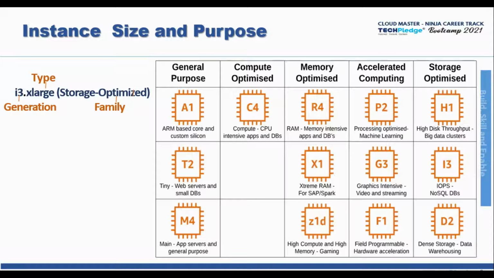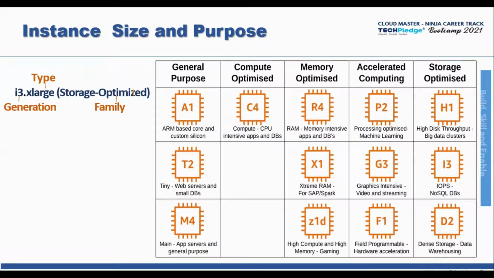There are different types: H1 is for high disk throughput and big data clusters, I3 is for IOPS and NoSQL databases, and D2 is dense storage, for data warehousing. I3 has the largest SSD offerings with bare metal access, and D2 is an SSD based instance that is great for logging. For D2, an example is Hadoop. If we go for Hadoop, D2 comes into the picture.